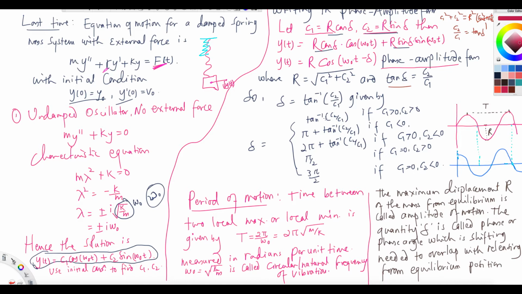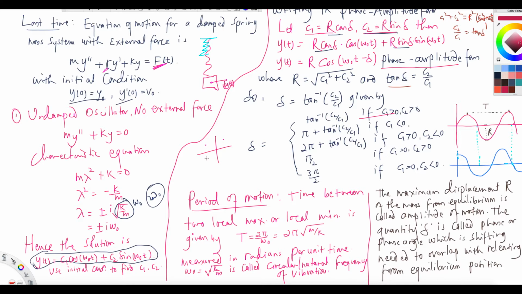For example, if both C1 and C2 are positive, then delta falls in the first quadrant, so it is tangent inverse of C2 divided by C1. If C1 is negative, then delta will fall in either the second quadrant or the third quadrant, right? First quadrant is both positive.